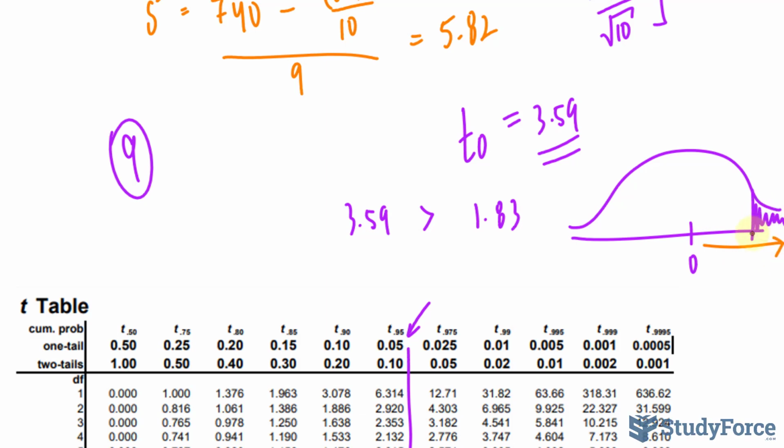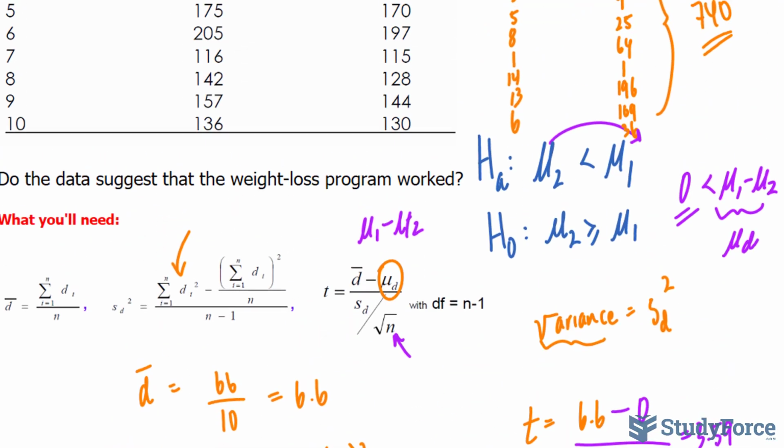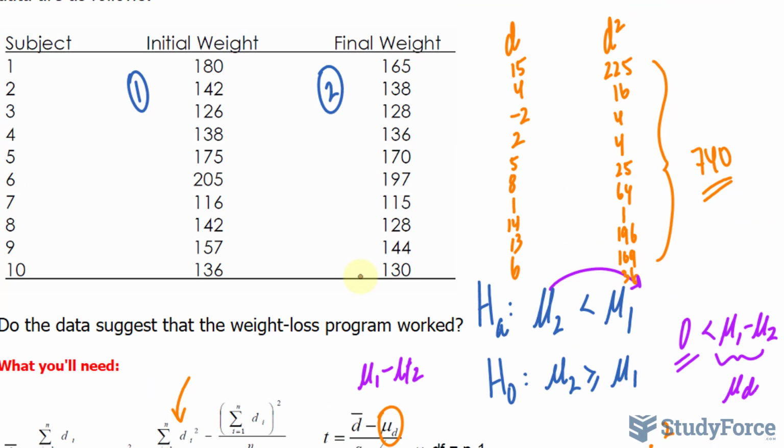We've also learned that when t observed is greater than t critical, you reject the null hypothesis. So looking back at the null hypothesis, we have to reject the idea that the final weights are greater or equal to the initial. And what this means for us is that the diet actually worked. We reject the null hypothesis in favor of the alternative.